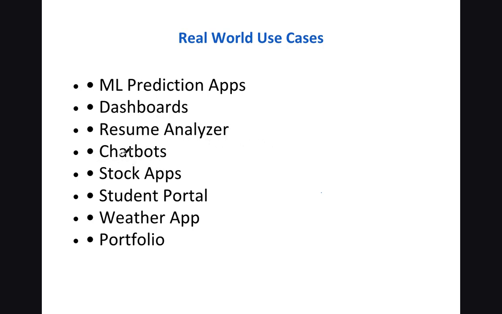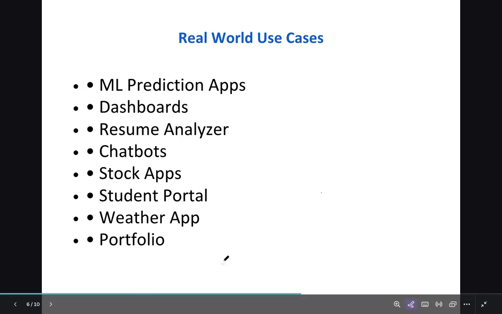Chatbots appear on every random website which we open to apply for something or to search something. The chatbot will appear after opening it, and it will ask you some questions. That also we can build by using Streamlit. Stock apps, student portals, weather app, portfolio, and many more.